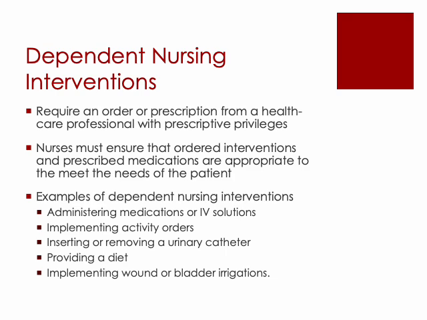Nurses must question inappropriate orders or prescriptions and not follow them blindly. So examples of dependent nursing interventions: administering medications or IV solutions, implementing activity orders, inserting or removing a urinary catheter, providing a specific diet, or implementing wound or bladder irrigations.